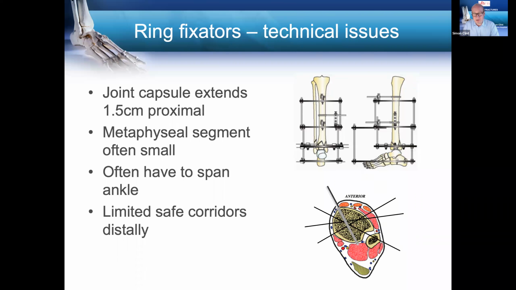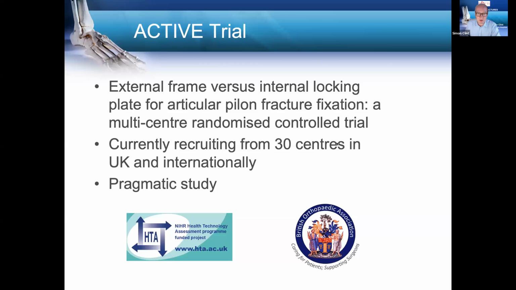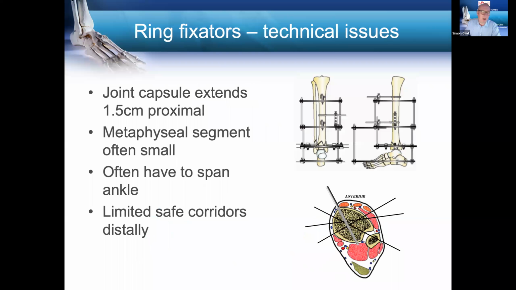Part of the problem with ring fixators is if you look at this diagram, we talk about segments with frames. So this solid bit of tibia is a proximal segment, sorry, and the distal segment is the highly comminuted bit. And ideally, you want a ring on each, at least 1, preferably 2 rings on each segment.